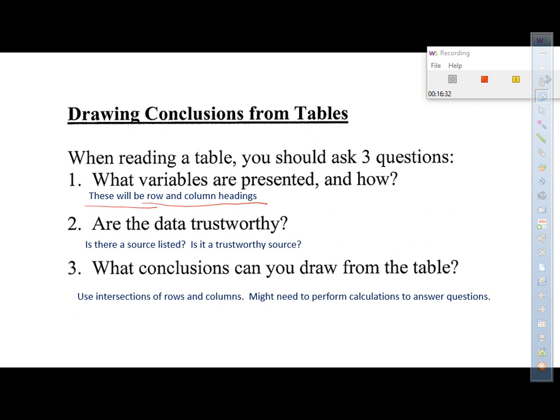There's so much fake information out there that it's not always accurate. So we want to look for sources that are legit, things that have been proven over time. And I'll show you one of those on the next slide. And then what conclusions can you draw from the table? Use intersections of rows and columns. You might need to perform some calculations to answer the questions, just like we did when we got the percent.